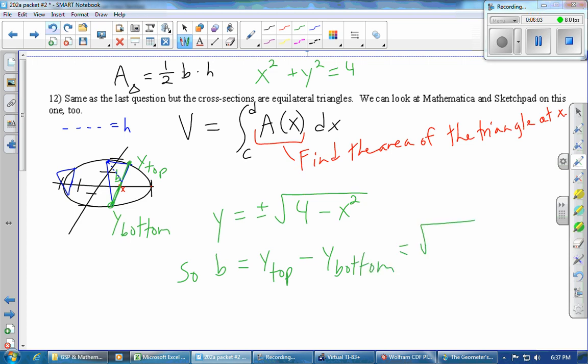And so that's the positive root minus the negative root. And just like the last problem, we'll get 2 times the square root of 4 minus x squared. So there's nothing new there. That's the base. The challenge here is to find the height of that triangle.